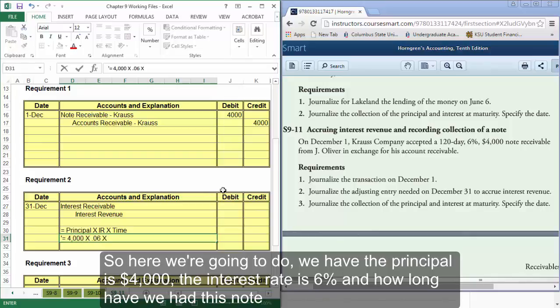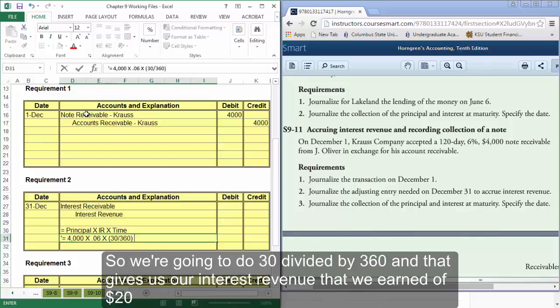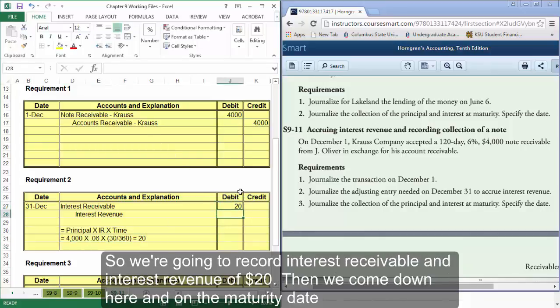And how long have we had this note? Well, we signed it on December 1. Interest doesn't start accruing till the next day. So in December, we had it for only 30 days. So we're going to do 30 divided by 360. And that's going to give us our interest revenue that we've earned of $20. Okay? So we're going to record interest receivable and interest revenue of $20.